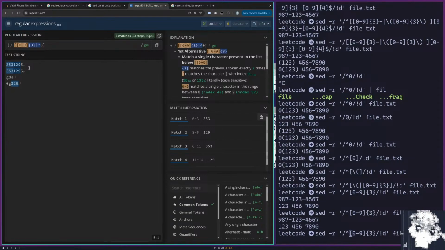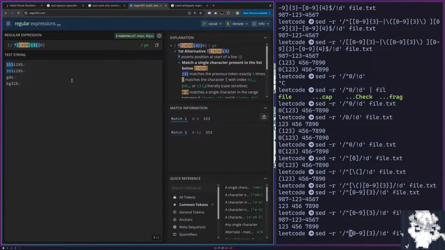Okay. Here we're making sense. You're matching 3 digits or something that starts with 0. Although, why didn't it match this one? Oh. I don't know.